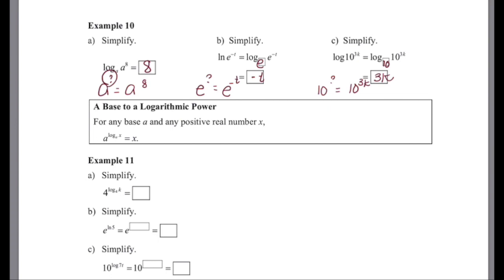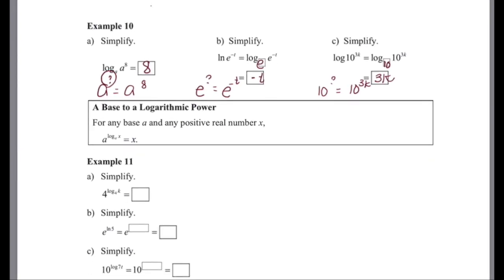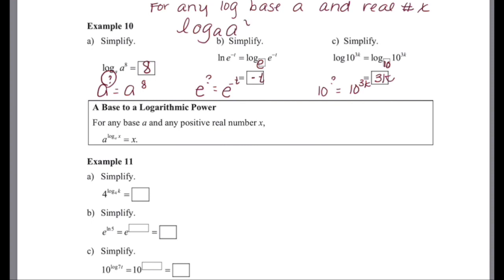So what we've found here is a rule that for any log base a and any real number x, whatever that might be, if I have log base a of a to the x, it equals x.